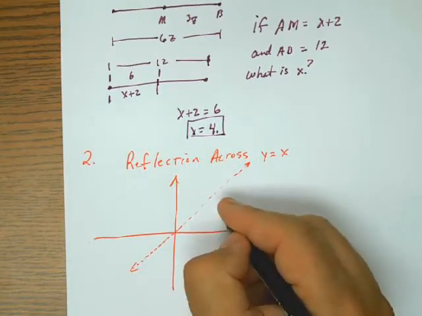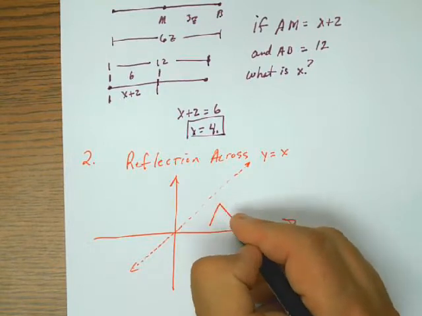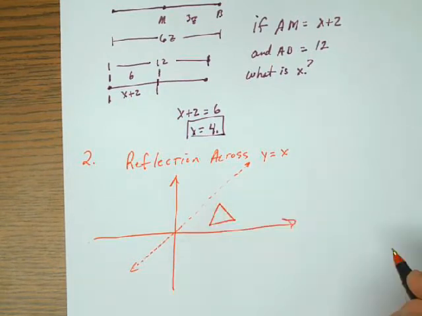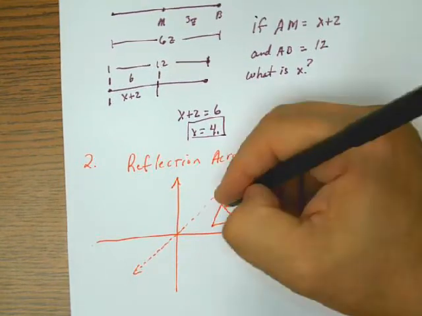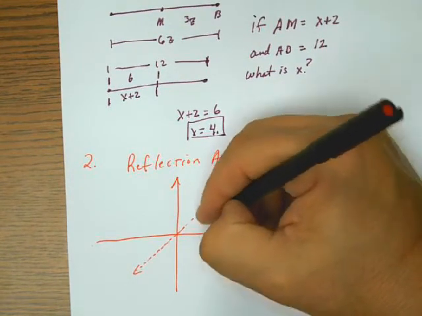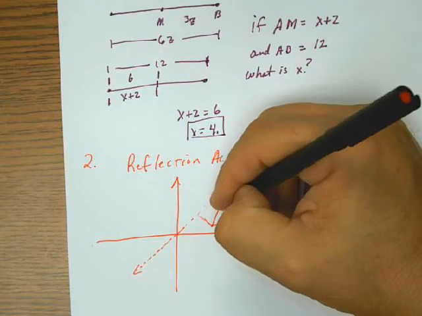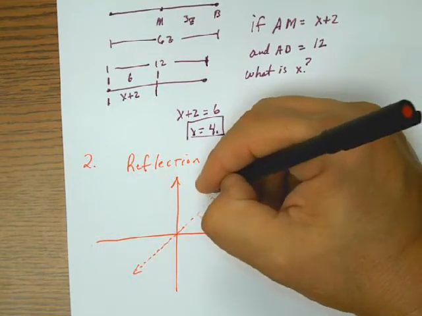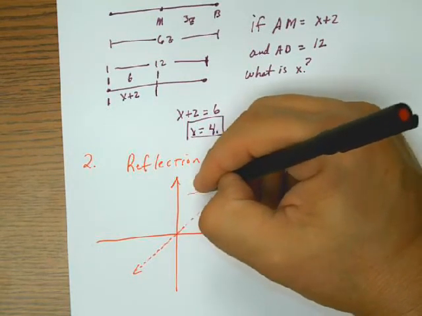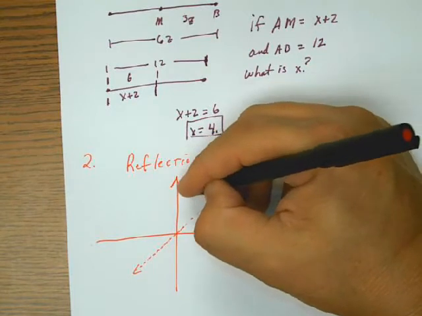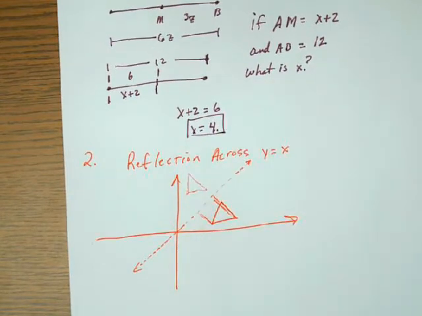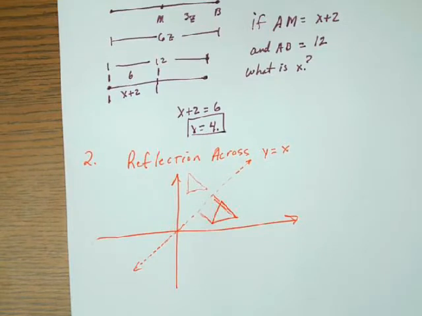So if I have a triangle, then it's got to be reflected. Not like that. Reflected across the line.